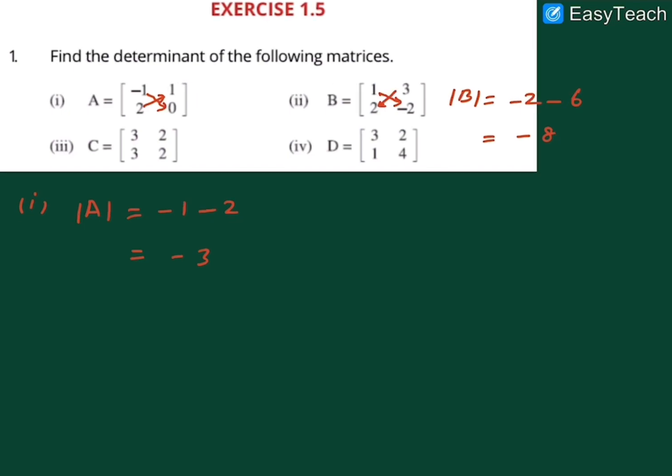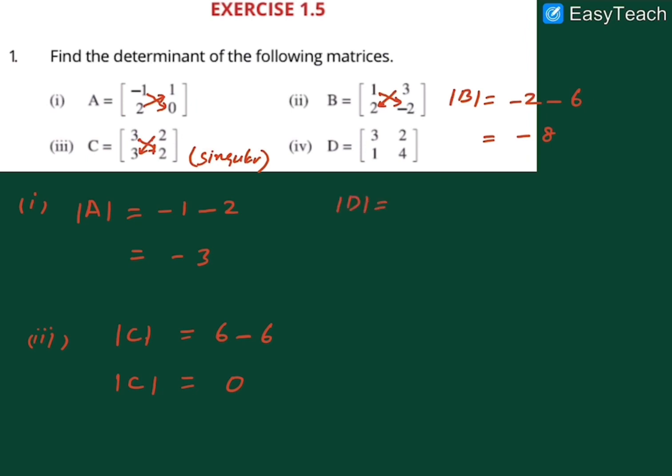Number 3, you can find C determinant. C determinant will be equal to 3 times 2, 6, minus -3 times 2, 6. 6 minus 6 is 0. You can see C determinant is 0. Since C determinant is equal to 0, C is a singular matrix. And let's find D determinant.